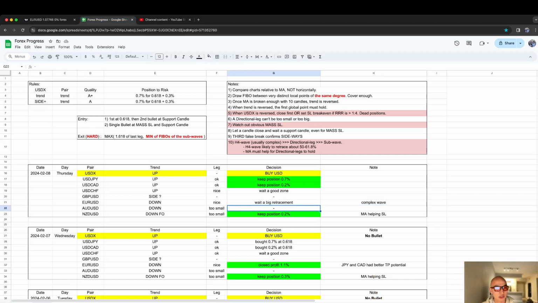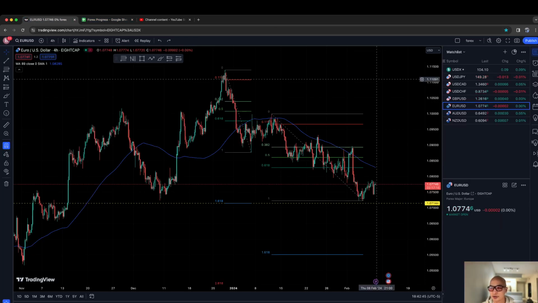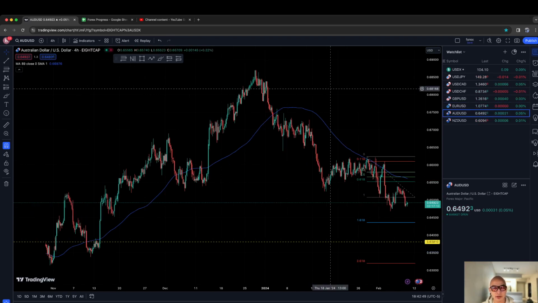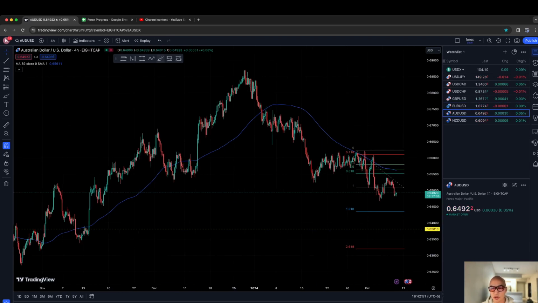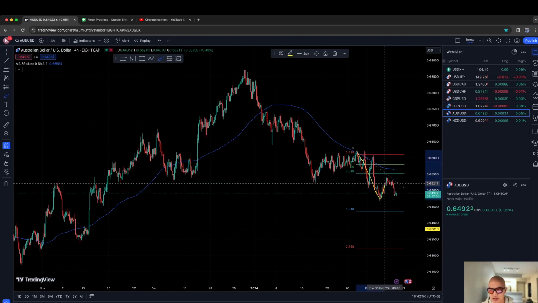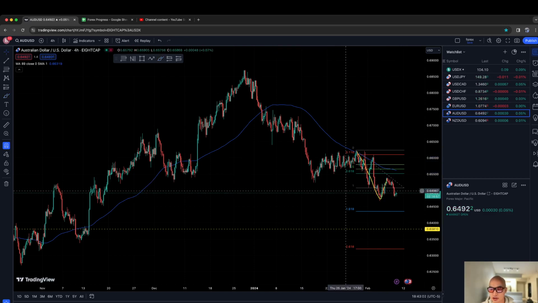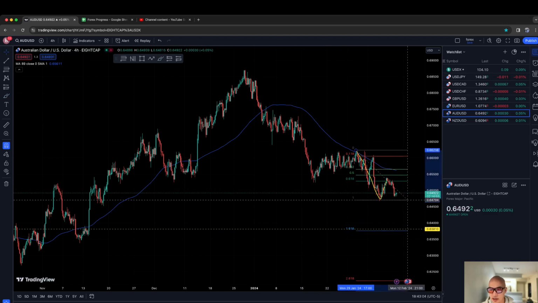Complex waves. Okay, Aussie. Let's analyze the Aussie. Okay, so we have this down leg going, it's retracing, but I didn't enter the Aussie. I didn't sell the Aussie because this leg size is not ideal.